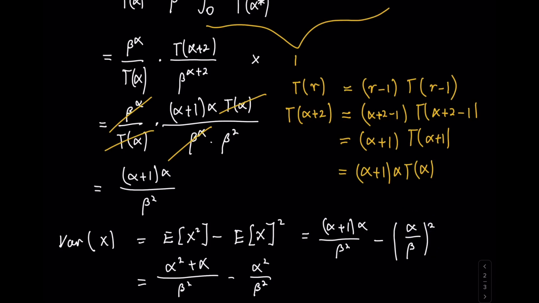And then quite simply, the alpha squared on this side of the equation cancels with the alpha squared at the front, and we're left with the variance term alpha on beta squared.